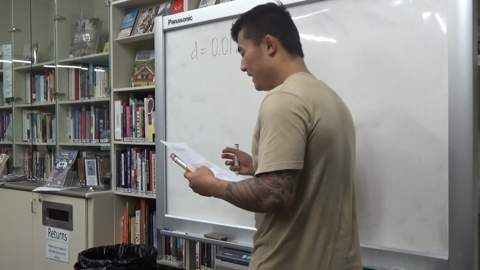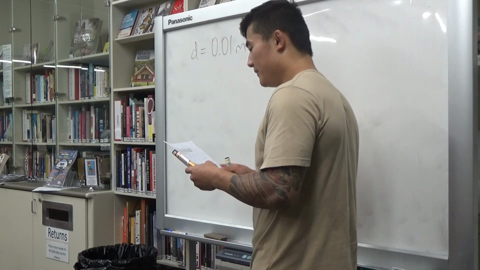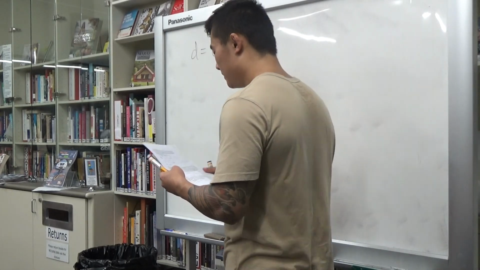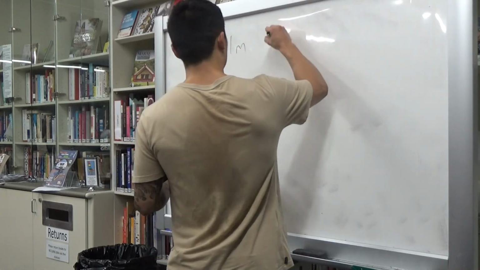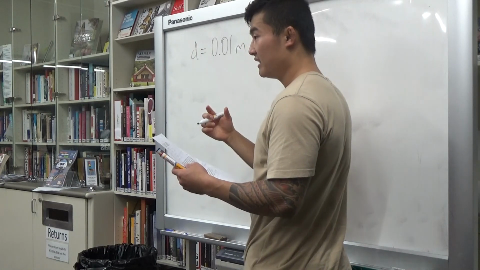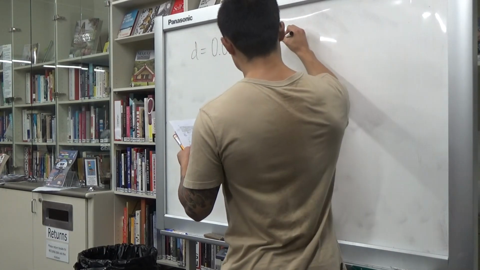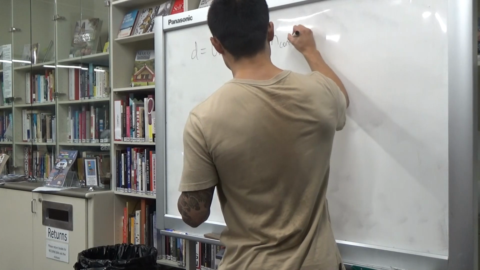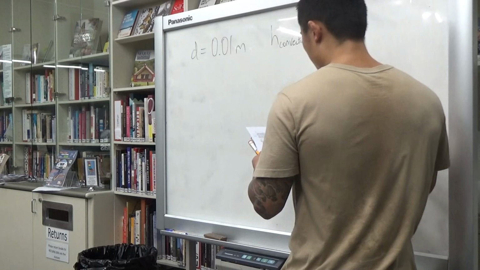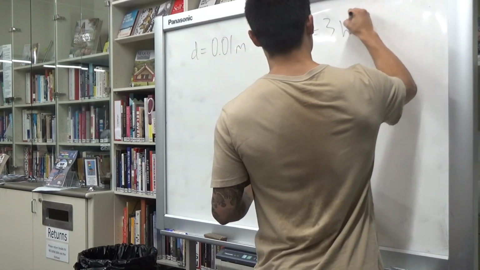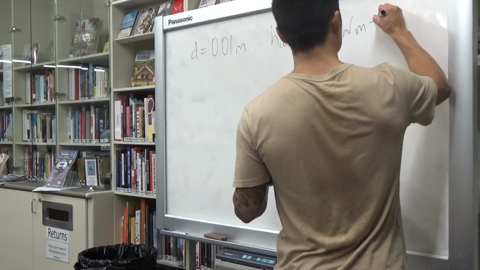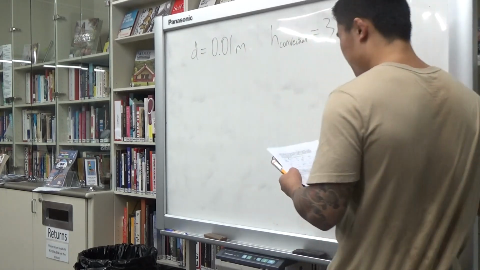And then the convective heat transfer coefficient in still air is approximately 3 watts per meter squared per Kelvin. So that's H. Whenever you have heat transfer coefficient, that is H. And that's for, we're going to write subscript convection, and that's going to be 3 watts per meter squared per Kelvin.